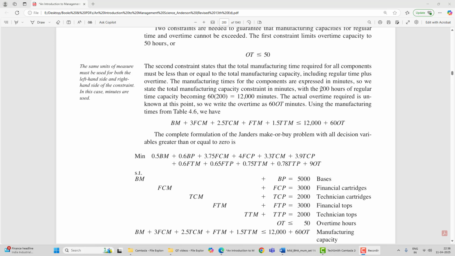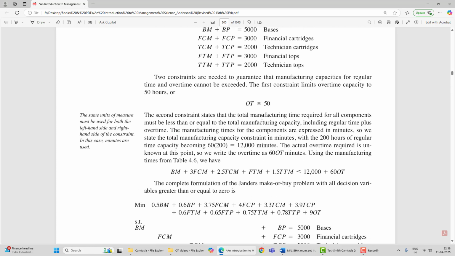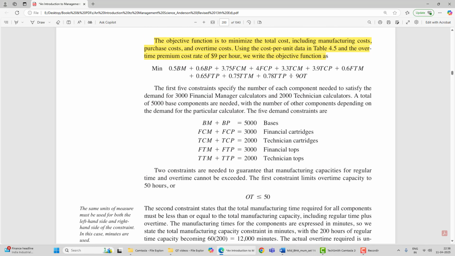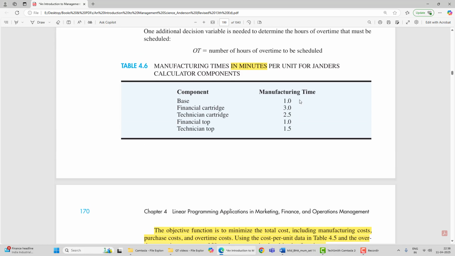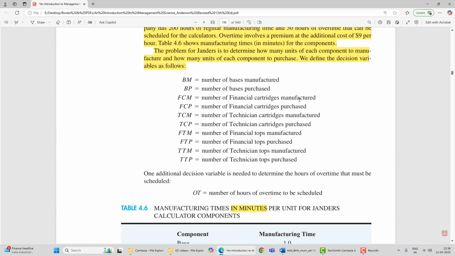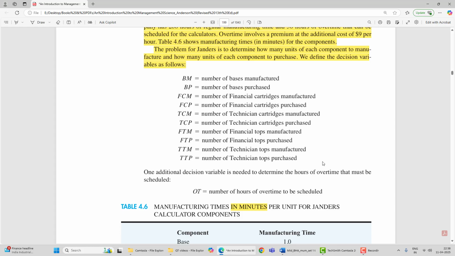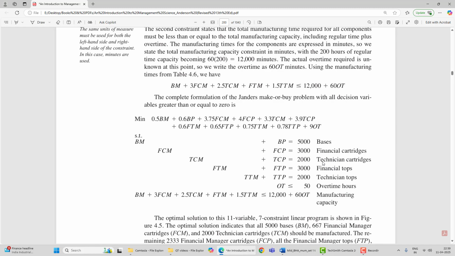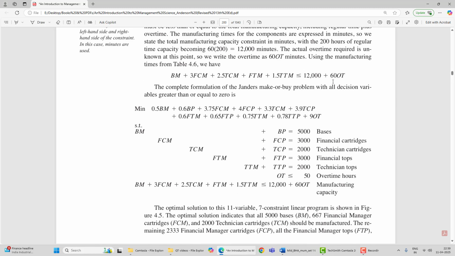Because 200 hours of regular time times 60 minutes is 12,000 minutes, plus 60 times OT, because this OT is in hours. So OT we multiply by 60 so that it becomes minutes.